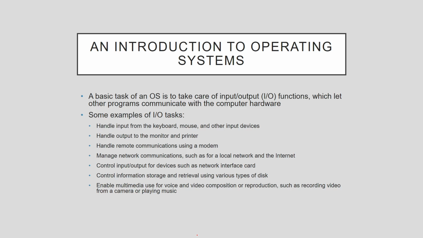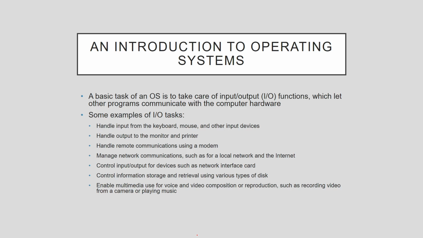One of the most basic tasks of an operating system is to take care of the input or output functions, which let other programs communicate with the computer hardware. The I/O functions take requests from the software that the user runs, the application software, and translate them into low-level requests that the hardware can understand and carry out.